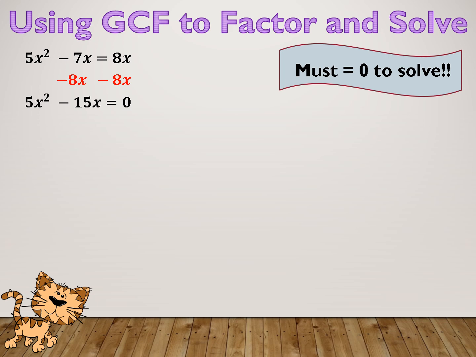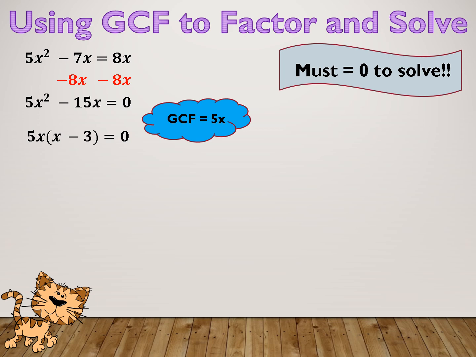So what is the biggest variable between x and x squared that goes into x and x squared? Well, it's x. So the way I think about it in terms of numbers is for the coefficient, I pick the biggest number that goes into both. For the variables, I pick the variable with the smallest exponent. So if that helps. So I have a GCF of 5x.